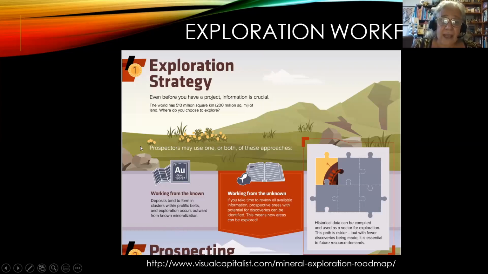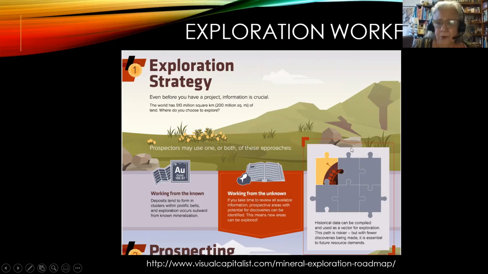But if you have to do, you need a strategy. So you try to have success, you try to work from the known. So you look at the deposit in similar areas. You look at what was already discovered and how is the setting, to go to work from the unknown.